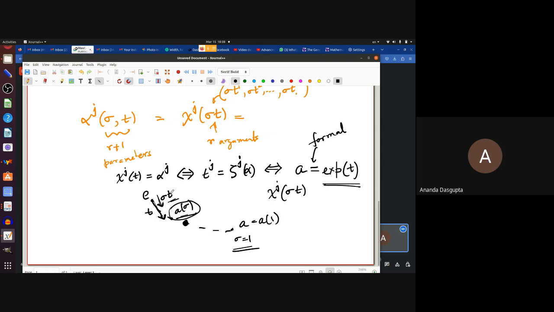Is this point clear? I'm essentially saying that I'm going to change the speed with which I traverse this curve by a factor sigma. So at sigma equal to 1, for this curve, I'm going to reach A of sigma. Does that make sense?